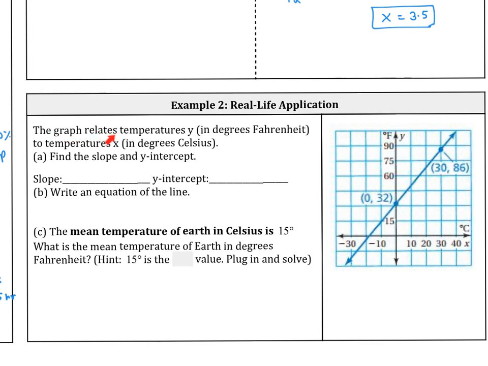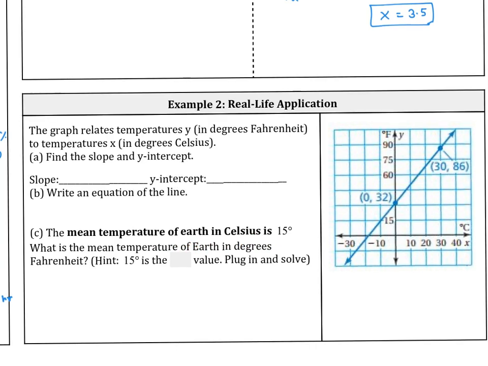The graph relates temperature y in degrees Fahrenheit to temperature x in degrees Celsius. Find the slope and y-intercept. Write the equation of the line, and find the mean temperature of Earth if it is 15 degrees Celsius. To find the slope, we can use the formula rise over run, or y2 minus y1 divided by x2 minus x1.